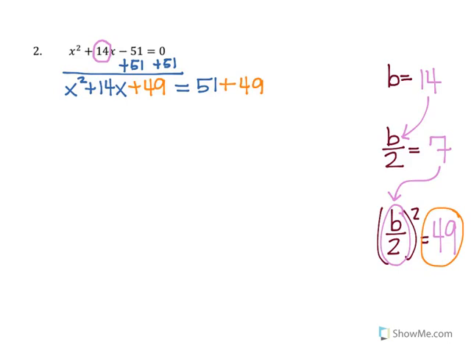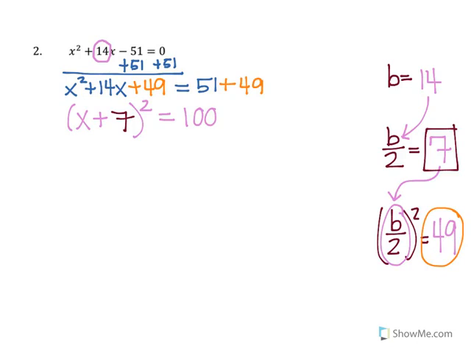Now what that means is we're going to take x plus, we're going to use our b/2 value to replace inside of the parentheses, and that whole thing is going to be squared. Equals, when we combine 51 and 49, we end up with 100.